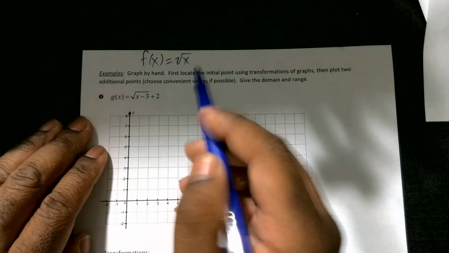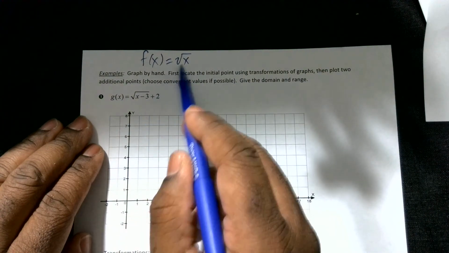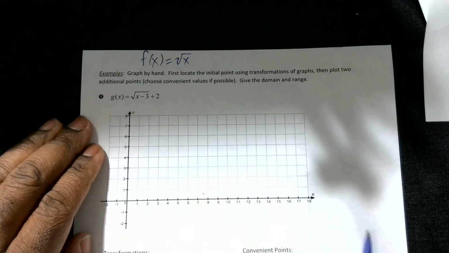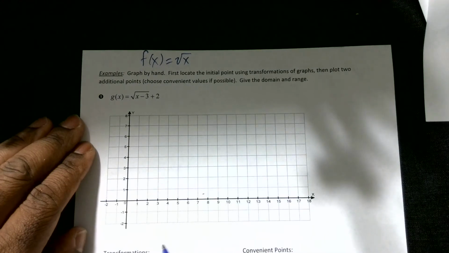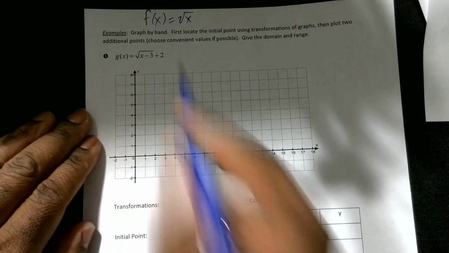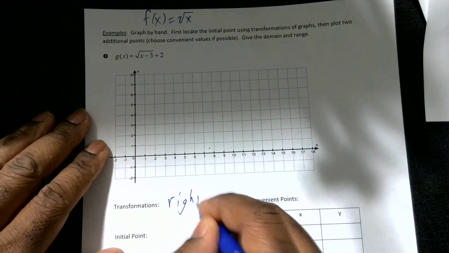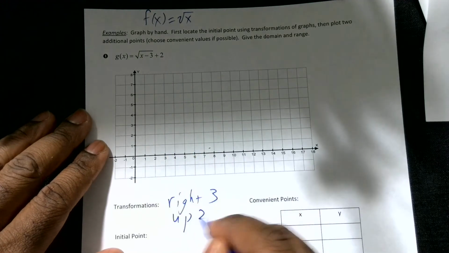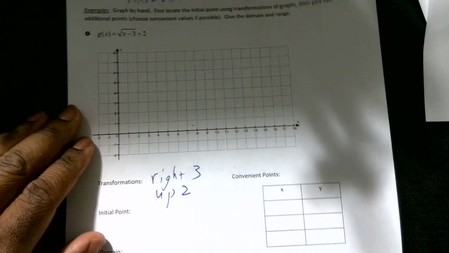Okay, so now if you notice here, what's been added to the square root of x is a minus 3 under the square root and a plus 2 outside of the square root. So this is what happens with our transformations. With the minus 3 under the square root, we know we would go to the right 3. And then with our plus 2, we would go up 2. Now, we do have a table here.